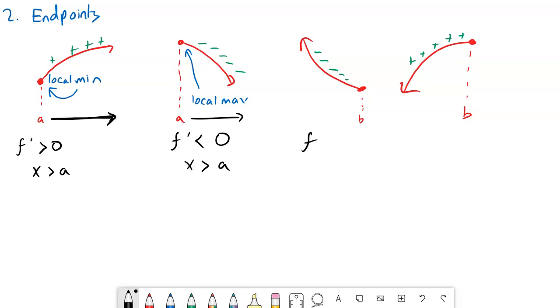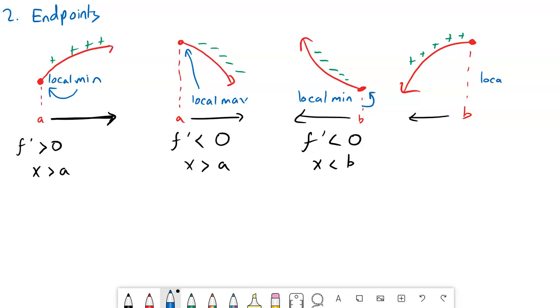So if this is negative for values of x that are less than b, in other words, less than b is this way, this is going to be a local minimum right here. And this means this is a local max because the derivative is positive for all values that are less than b, in other words, going the other direction, leftwards. This is how we can find local mins and local maxes of endpoints.